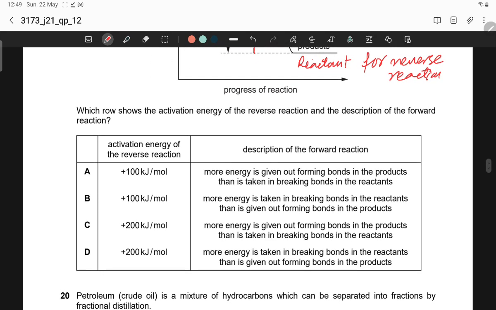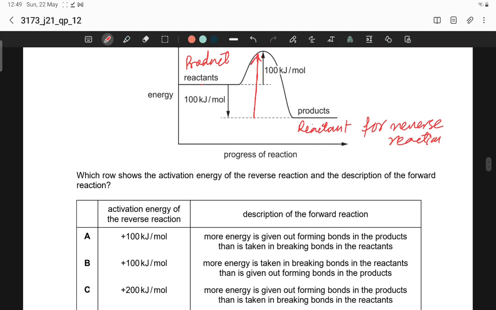Which row shows the activation energy of the reverse reaction and the description of the forward reaction? The activation energy must be 100 plus 100, which is equal to 200 kilojoule.